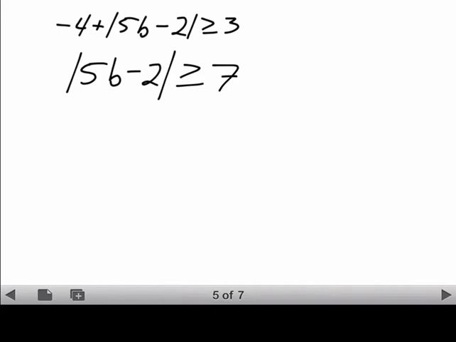Now that I've isolated the absolute value, and we remember that an absolute value can be thought of as a distance, for this one we have that the distance is greater than or equal to 7. Well, how much greater? As far as you want.